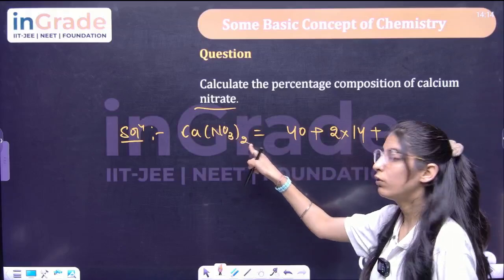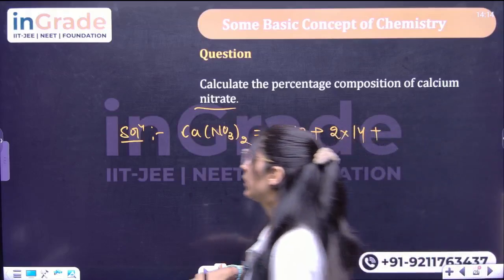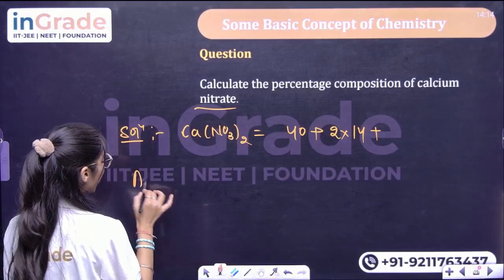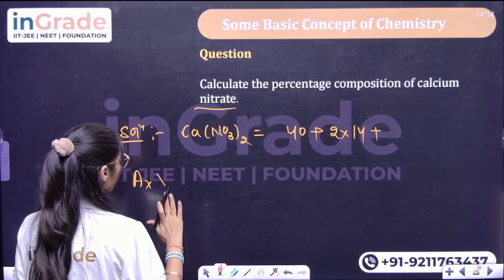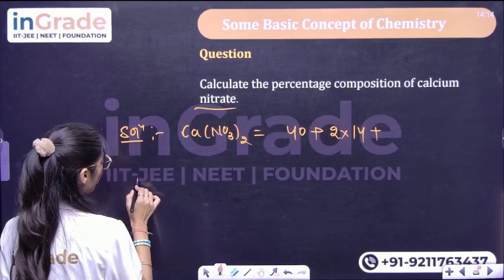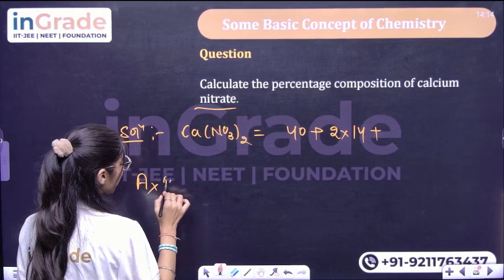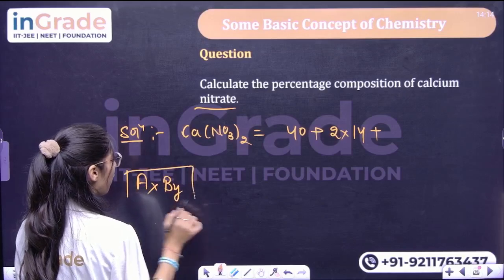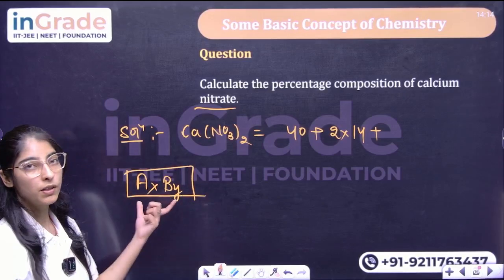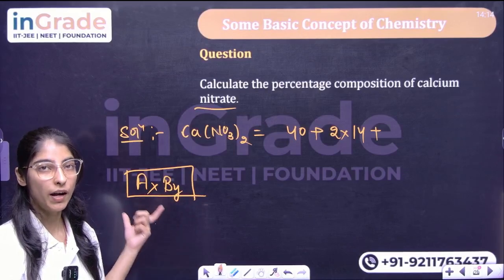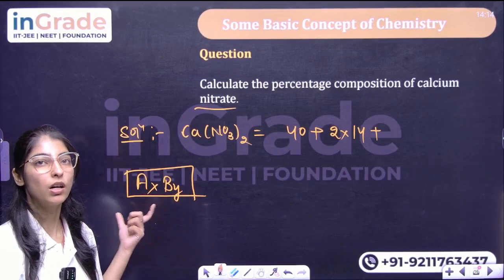How? 3 into 2. As I told you in the previous class, if AxBy, such a kind of compound is given to you, then this subscript simply represents the number of atoms present in your particular compound.